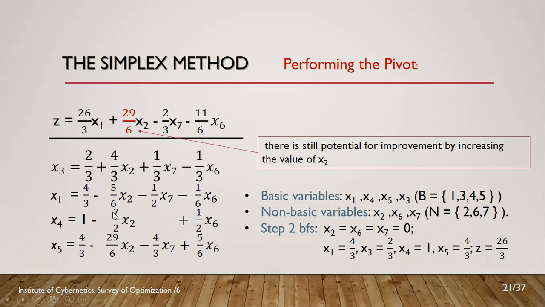So here it will be 4 over 3 divided by 6 over 5, 1 divided by 7 over 2, 4/3 divided by 29 over 6, and the BFS at this point is x sub 2, x sub 6, x sub 7 equal to 0. x sub 1 is 4/3, x sub 3 is 2/3, x sub 4 is 1, x sub 5 is 4/3, and the z value becomes 26 over 3, which is greater than 5. So therefore, we are moving towards maximization.